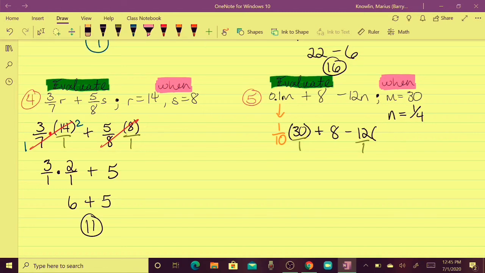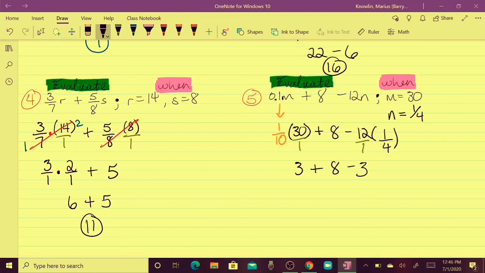And let me write this a little differently. Let me get my different color. All right, now that we've done that, this first one, 1/10 times 30 over 1 is really going to convert to 30 over 10, which equals 3, plus 8 minus 1/4 of 12, or 12 divided by 4 makes 3.